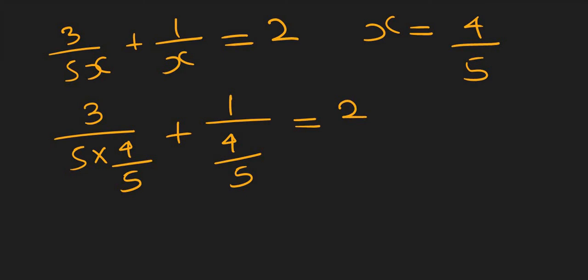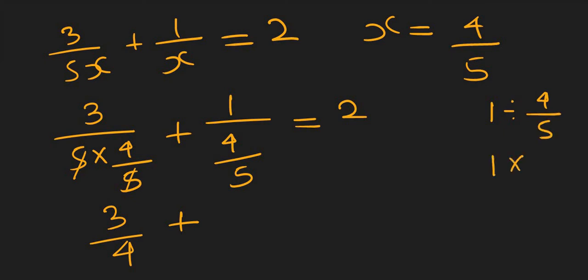Now we can simply cancel off 5 and 5 because 5 multiplied by 4 over 5 is 4. Therefore, we are left with 3 over 4 plus 1 divided by 4 over 5, which is equal to 1 multiplied by 5 over 4. Therefore, for the second fraction we can clearly write 5 over 4.